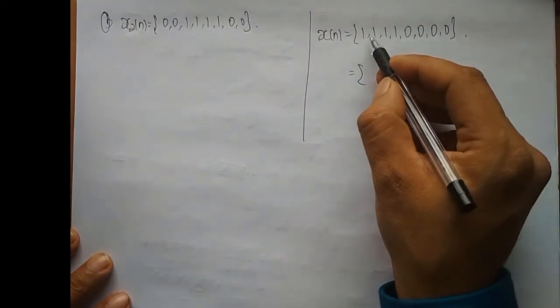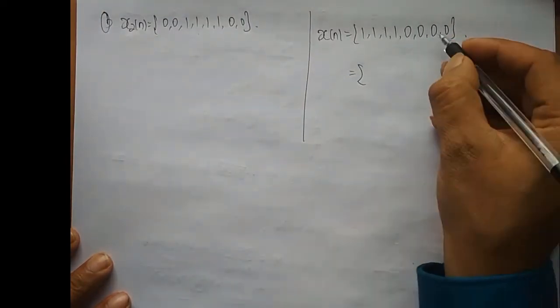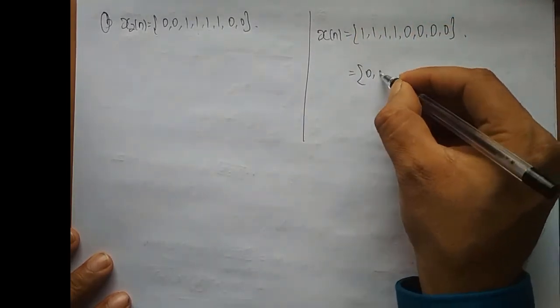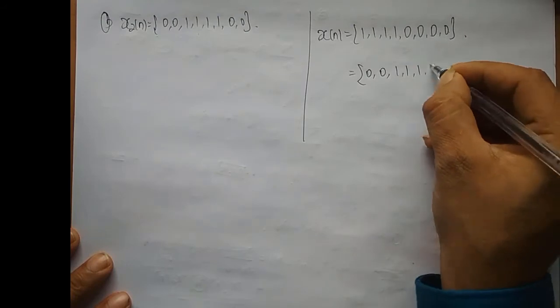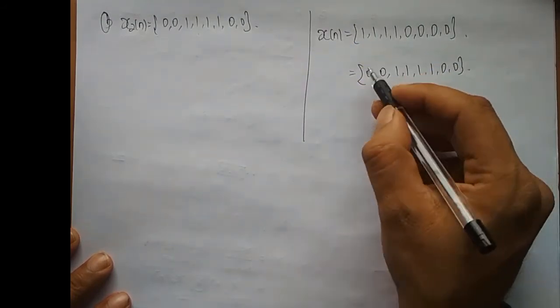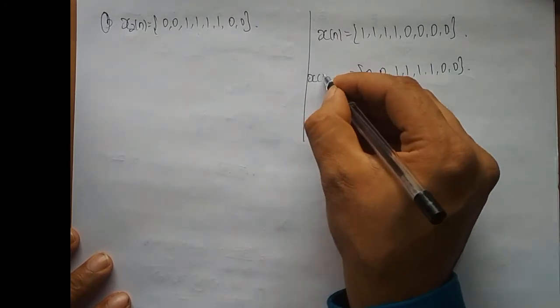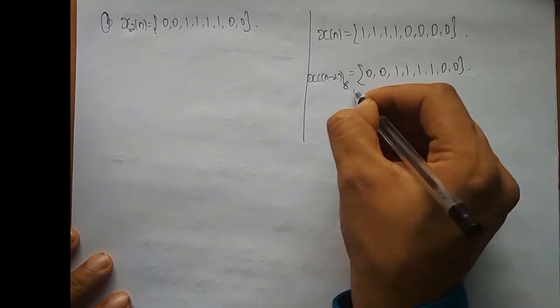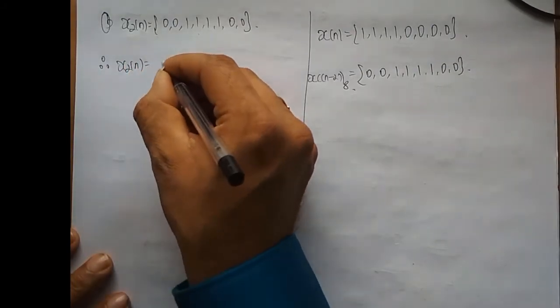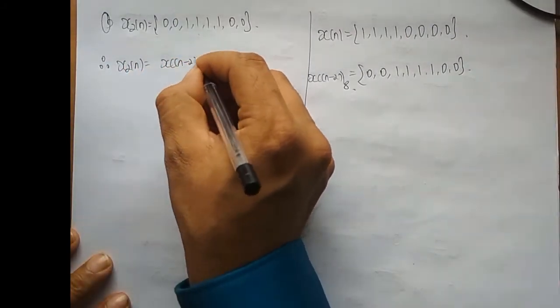This is nothing but, if I shift it right 2 times, what do I get? These two come at the beginning and the rest of the samples go to this side, so 0 0 1 1 1 1 0 0. And what is this in terms of x of n? It is shifting right 2 times, so it is x of n minus 2 mod 8. Therefore, x2 of n in terms of x of n is x of n minus 2 mod 8.